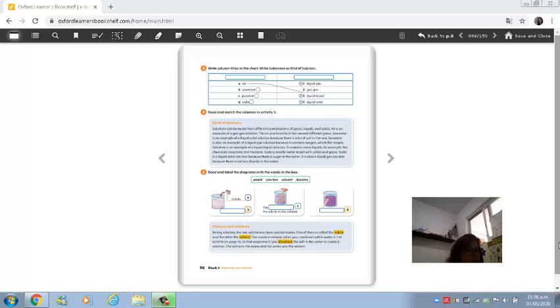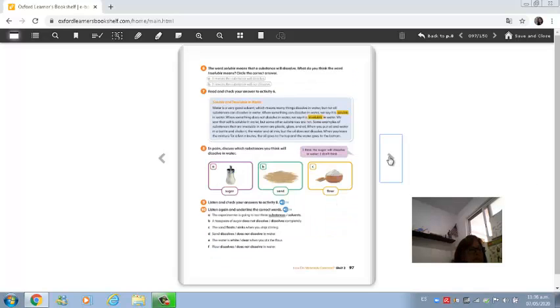The salt was the solute and the water was the solvent. Okay? I know you understand this. All right, let's go to the next page. Remember, you could read several times until it's clear in your mind.